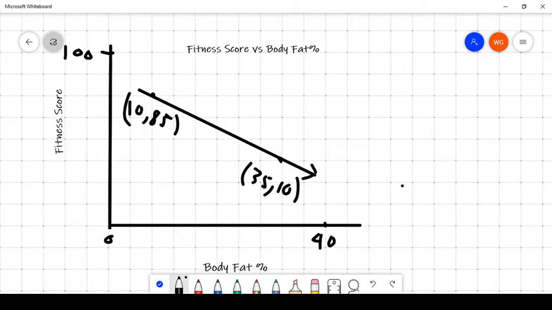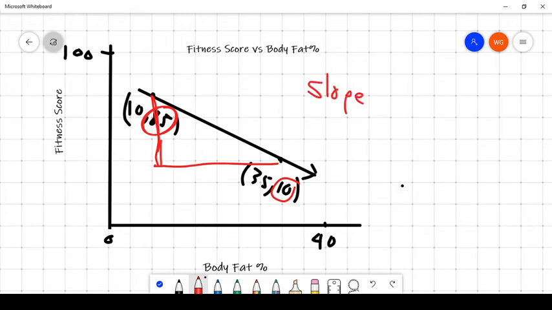So what is the slope of our fitness line? Well, the slope, if you remember, is rise over run. So the rise, now it's actually going down, is the difference in the y value. So it goes from 85 down to 10. So slope is rise over run.